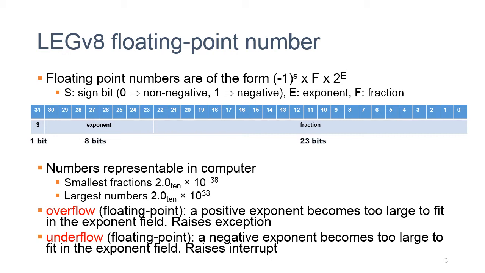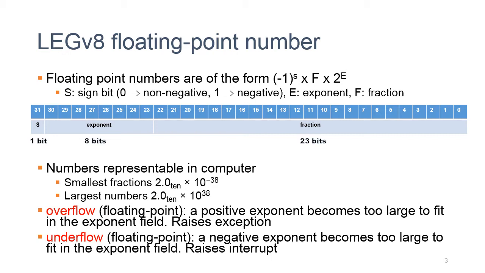Also, extraordinary range differs from infinite, so it is still possible for numbers to be too large. Thus, overflow interrupts can occur in floating point arithmetic as well as in integer arithmetic.